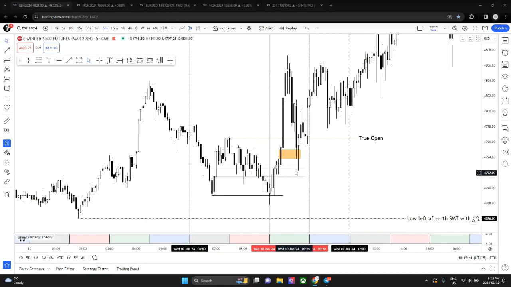So we had price trade above the true open and begin to consolidate at the true open with the lower time frames right here. I'll hint at something right now, which most of you will get, if not all: whenever you have a true open that aligns with a breaker, that breaker is high probability.